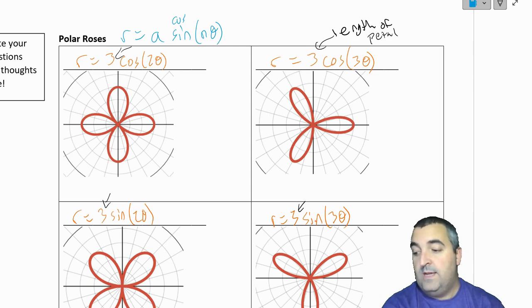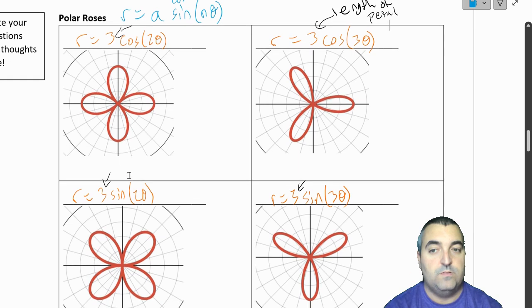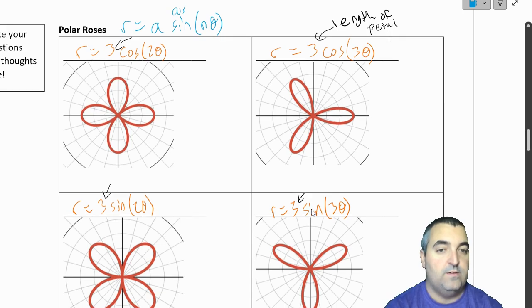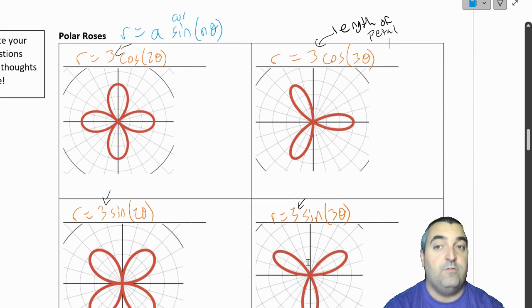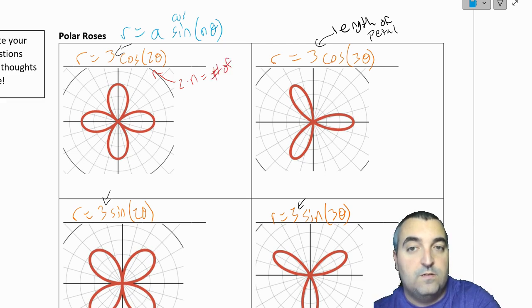All right. Then next thing to look at is the number on the inside. So here we had 2, ended up with 4 petals. 2 again ended up with 4 petals. But then we had 3 and 3 petals, 3 and 3 petals. What the pattern is here is when this number on the inside is even, 2 times n equals number of petals when n is even.